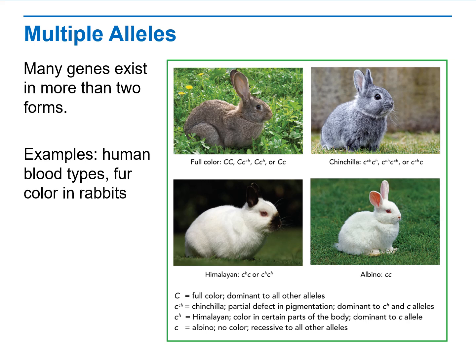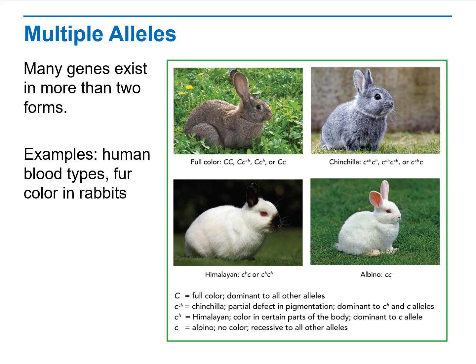Then we have just the CH, which is Himalayan color. See, it's a C with a little H. That's Himalayan, so that's recessive. And what's recessive to all of the other three alleles is albino. Albino rabbits have no color.